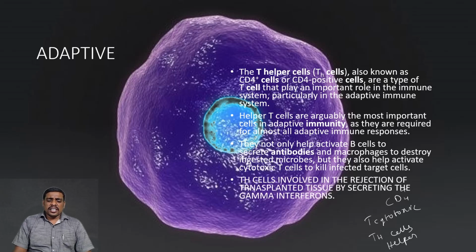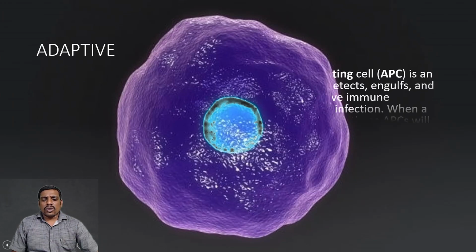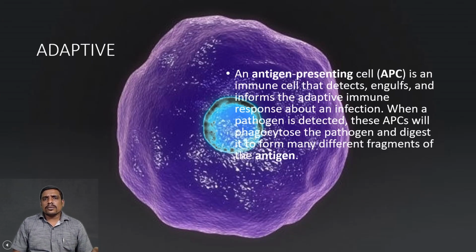Now, the cells which are involved in the rejection of transplanted tissue, it is because of T helper cells by secreting gamma interferons. So, gamma interferons are the molecules which can reject the unknown transplanted tissue. Suppose during kidney transplantation or heart transplantation, histological testing occurs.